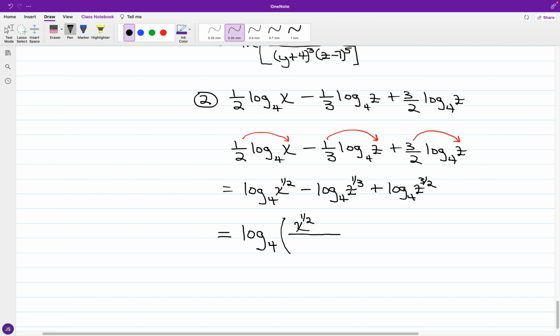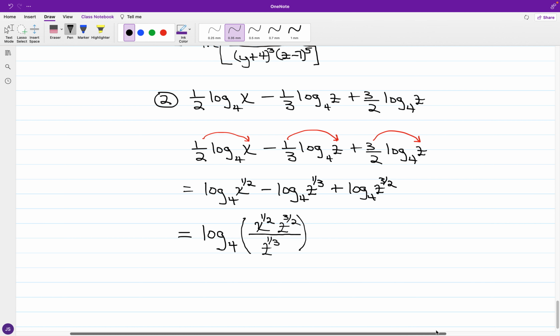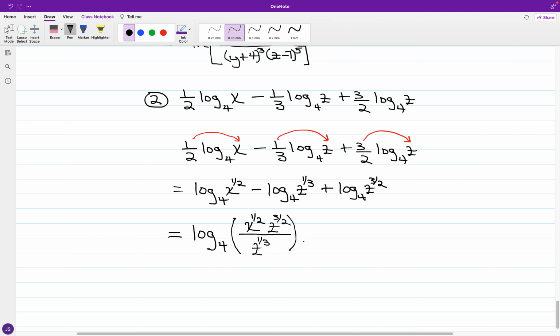For z to the 1/3, this comes from a negative base 4 logarithmic term, so we have z to the 1/3 on the bottom. And for the base 4 logarithm of z to the 3/2, the term is positive, and z to the 3/2 will go at the top. In terms of non-integer exponents, this is one way that you could express your final answer.